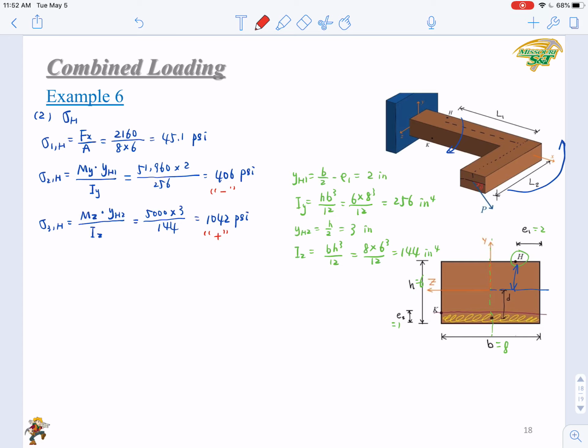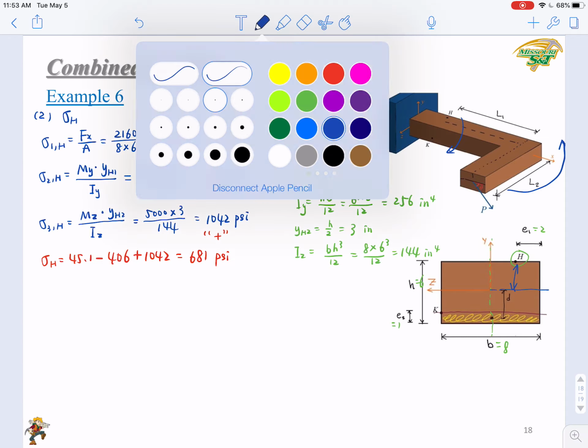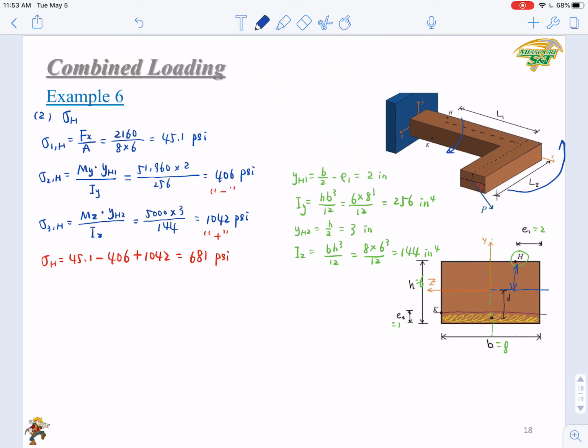Okay, so the overall normal stress at point H will be just adding the 3 numbers together. The first one will be a positive value, 45.1 minus 406 plus 1042. Okay, so we got 681 psi. So this is the normal stress at point H.